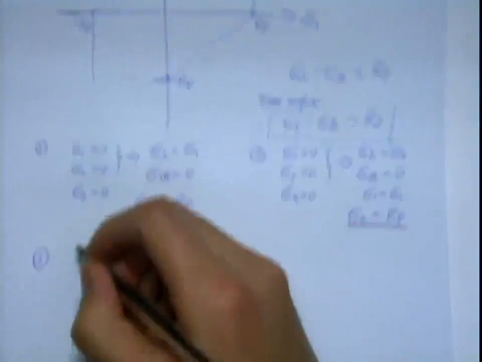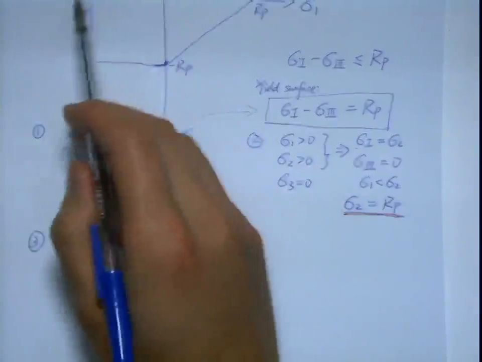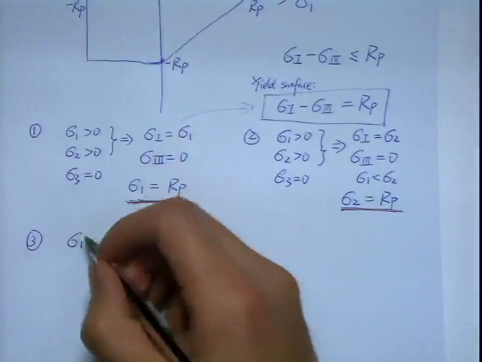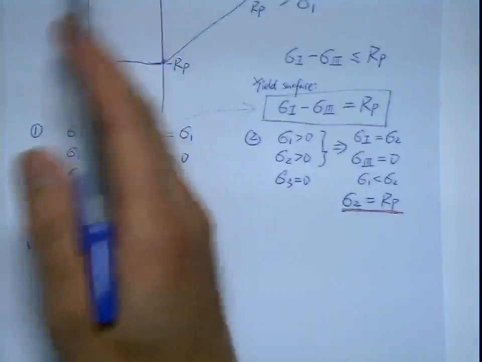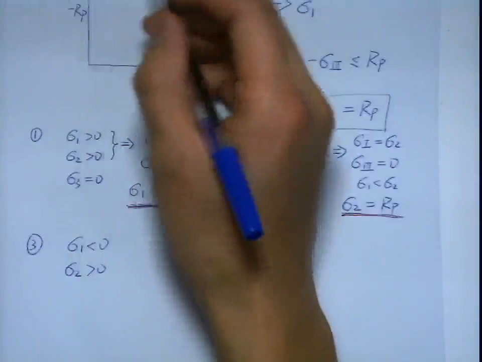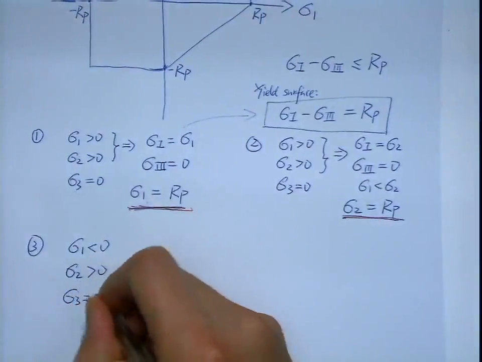Number 3, you have sigma 1. Now, sigma 1 in that left part is negative. Sigma 2 in number 3 region is positive if you look at that area. Okay? Sigma 3 still is 0.